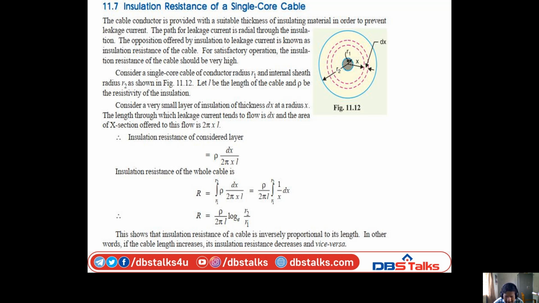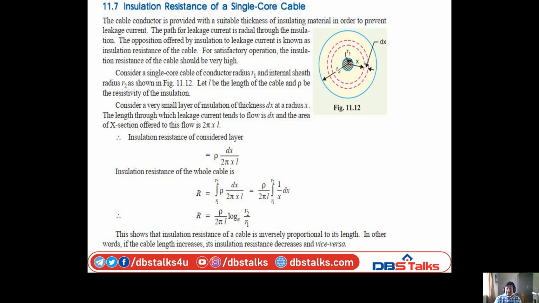This is the insulation resistance of a cable, very important. So R is inversely proportional to l. Remember, R is proportional to 1 by l. This is most important for competitive examinations. The insulation resistance of a cable is inversely proportional to its length.